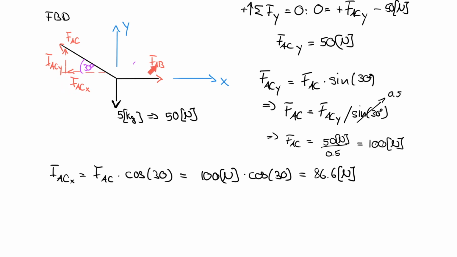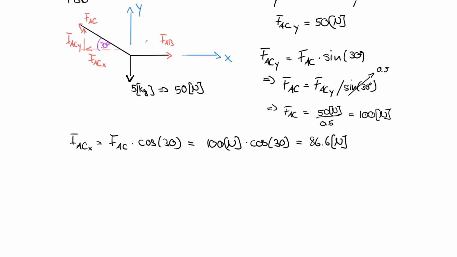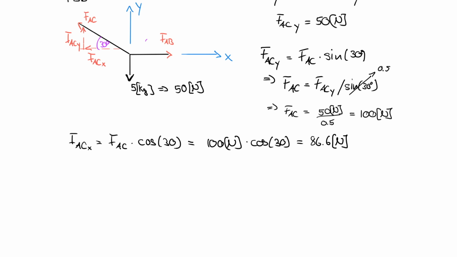And that has to balance FAB, which now, of course, as an engineer in the real world, I would have already answered this, but for the educational experience, I would write the sum of the forces in the x direction is equal to 0, positive to the right.